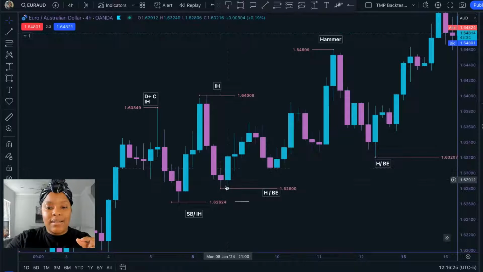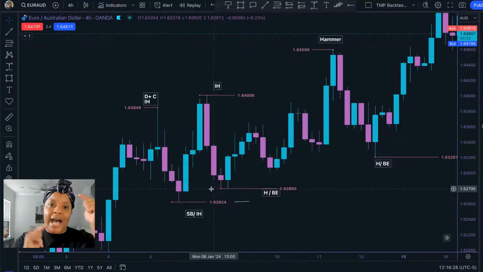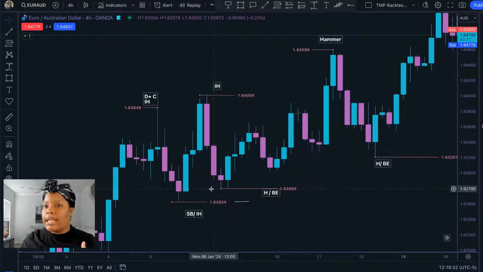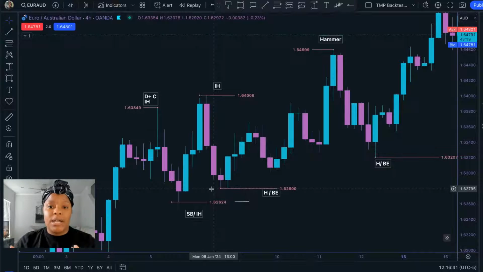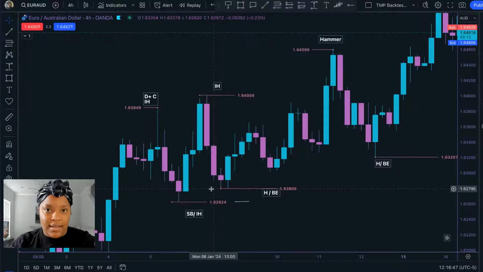Because the wicks look equal on each side of the candlestick body. So we can say, listen, this might be a candlestick that stops price from pushing down more and then changes the momentum so price can go back up and we can be the buyers back up towards $1.64. Now, you might be a person who says, I need a little bit more convincing, and that's fine.